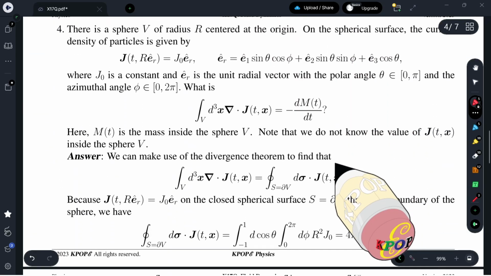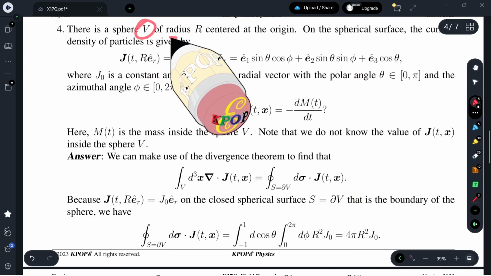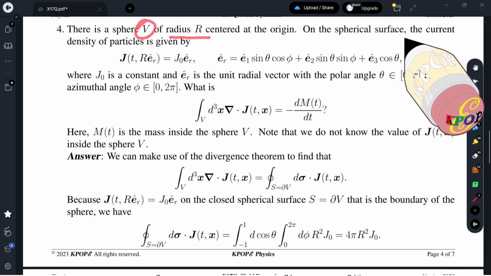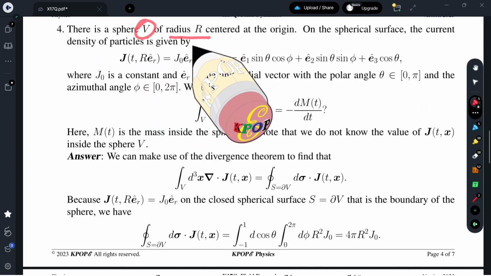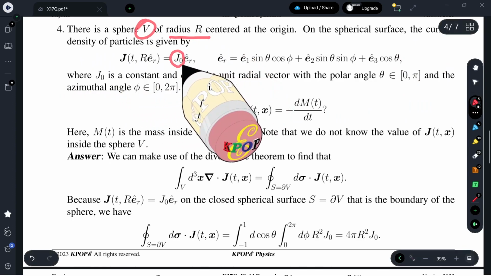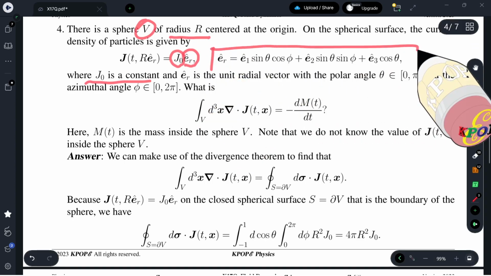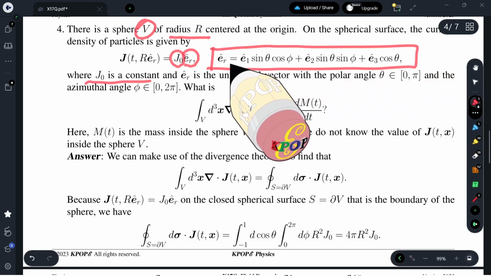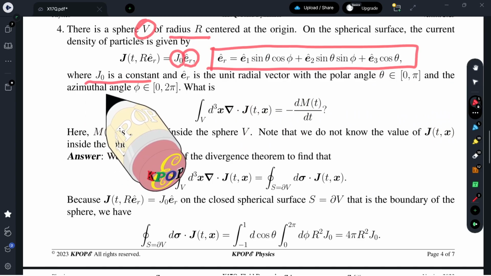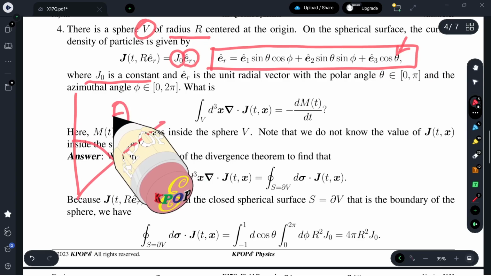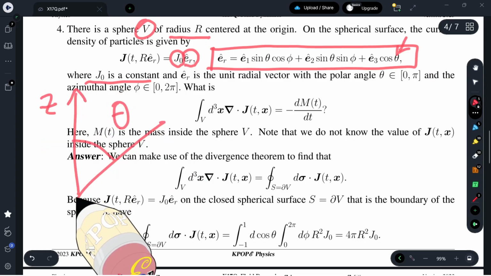Next, we consider a sphere of radius r centered at the origin. On the spherical surface, the current density of a particle is given by a constant, J0, times this unit radial vector defined in the spherical polar coordinates. Theta is the polar angle relative to the z-axis.